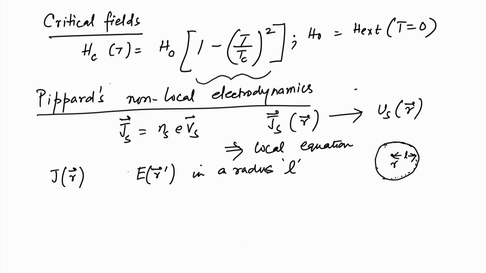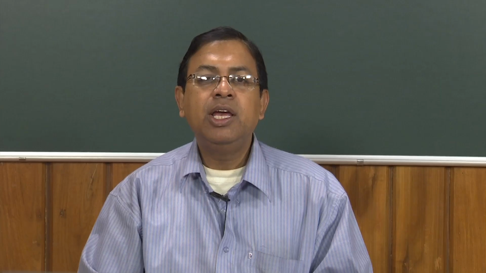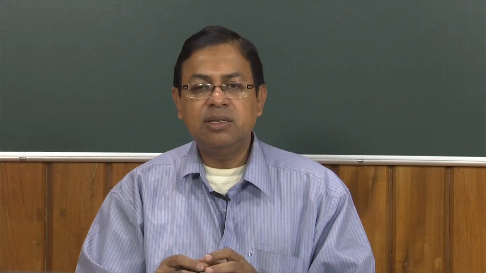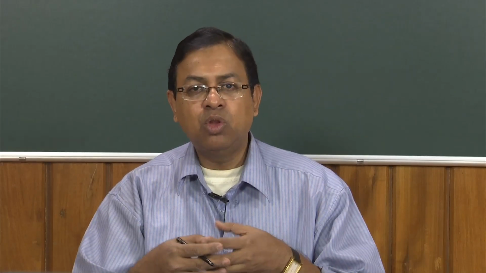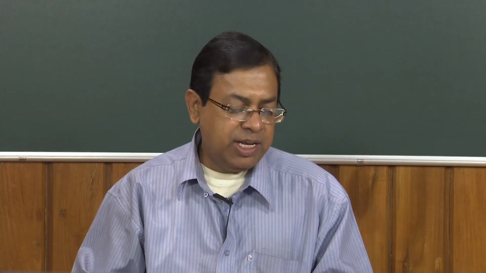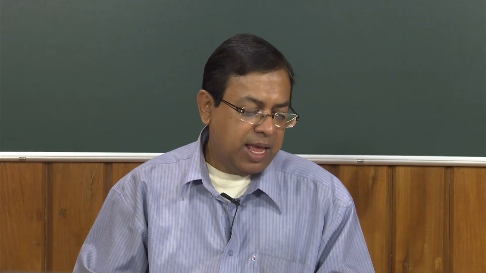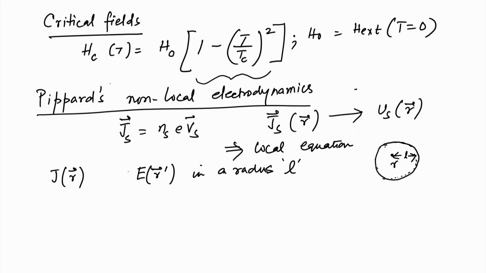So, this is the non-locality which Pippard thought is more relevant and realistic, and this can be thought of to be spread over a region of radius L, and this L is actually related to the characteristic dimension of the electron wave function.